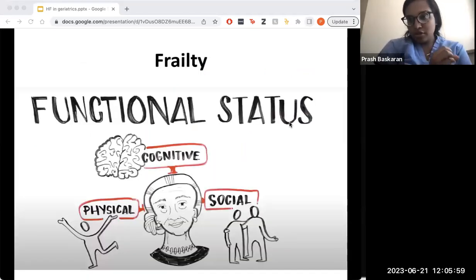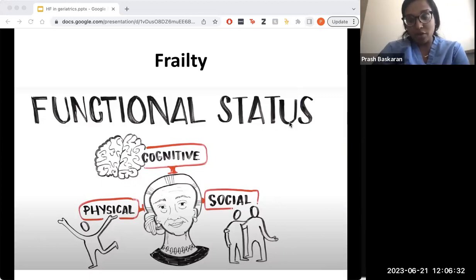When we're looking at functional status in frail patients, we're looking primarily at physical, cognitive, and social domains. We describe functional status with the terminology ADLs and IADLs, so basic and instrumental activities of daily living, basic being simple things like transferring and the ability to feed oneself, while instrumental can be things like making a telephone call or the ability to manage one's finances. Hospitalized patients who lose one of these domains can have a 40% one-year mortality rate.